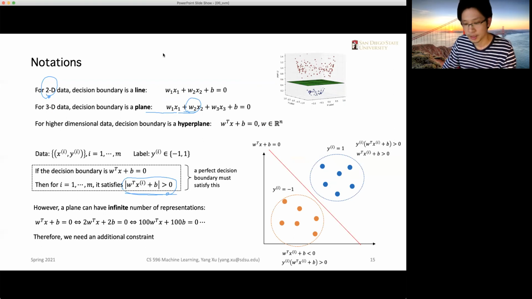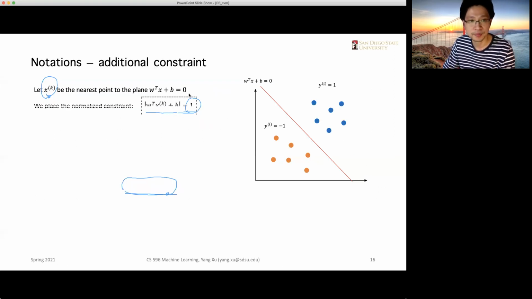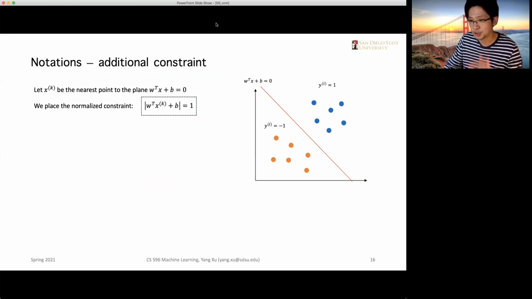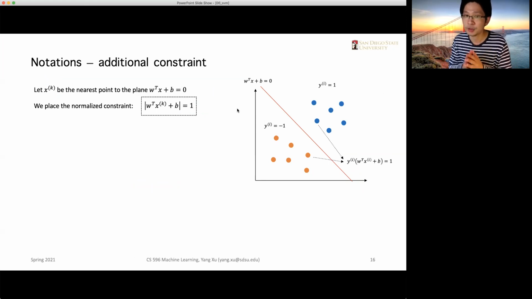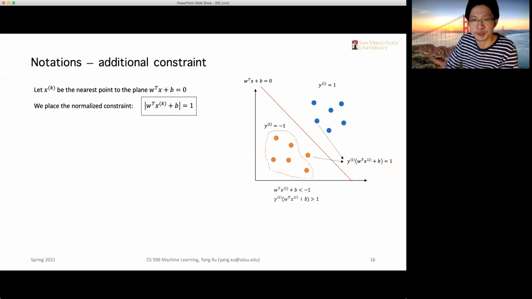The nearest point is one of the data points, and we give it a stronger constraint: its value must equal 1. Now, with this normalization constraint, the representation of the decision boundary is fixed and unique.